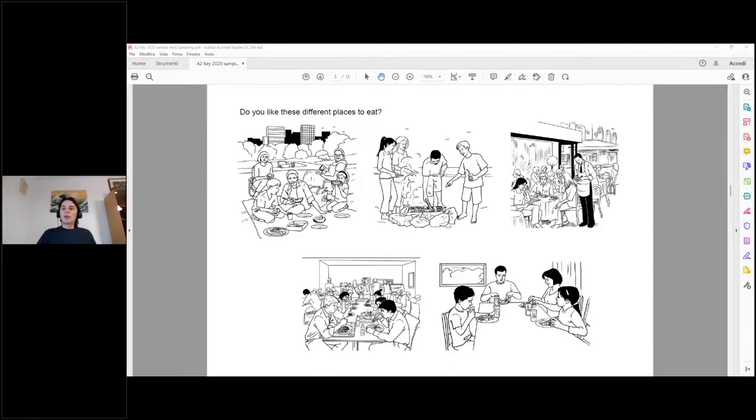Now look at these pictures more carefully, and you have to ask me questions about these pictures. I'm going to give you some examples. But you have to ask me questions.